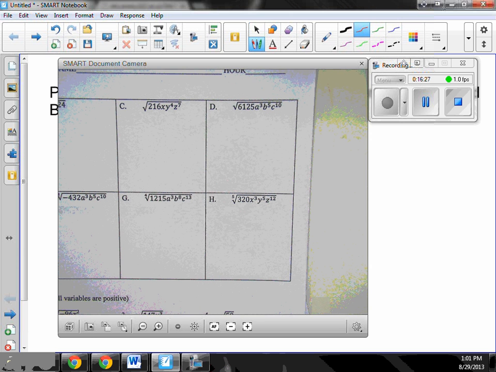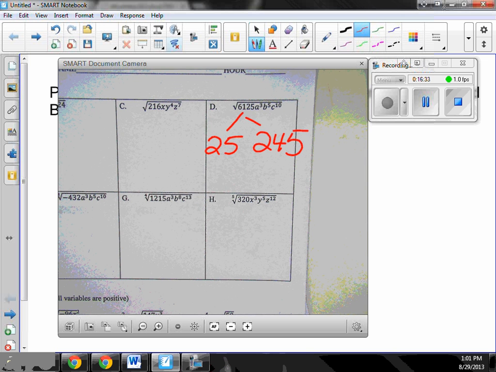So there are lots of ways to do this. So 25 and I think it's 245. So we factor this down, 5 and 5, 3 and 49, 7 and 7.